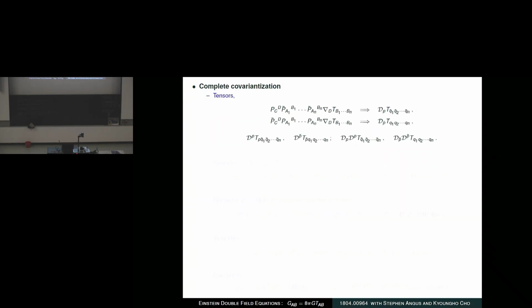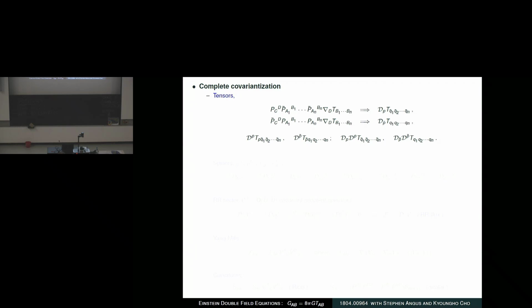Now, our covariant derivative is semi-covariant in the sense that it is not automatically covariant under diffeomorphisms. However, after projecting the indices properly, they become completely covariant. We have the completely covariant derivative. This arrow denotes the contraction with the vielbein, so you can see the structure more easily: the derivative index is unbarred and the tensor index is all barred, or the opposite case.